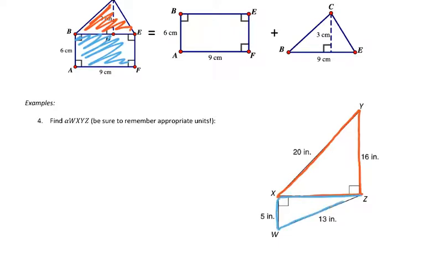Find those areas separately and add them together, because the area addition postulate allows us to do that. So first, note that the area of WXYZ is the area of that blue triangle, WXZ, plus the area of the red triangle, XZY.